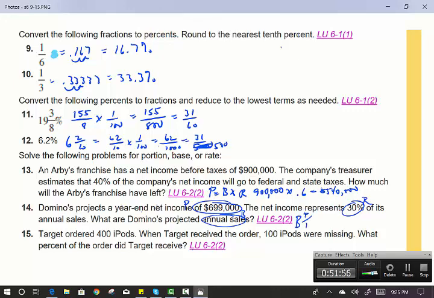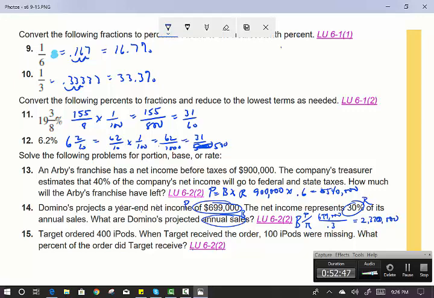Base is equal to part divided by rate, and so my part is 699 divided by the rate of 0.3 after I move the decimal point 2 places to the left. 699 divided by 0.3 is going to equal $2,330,000.